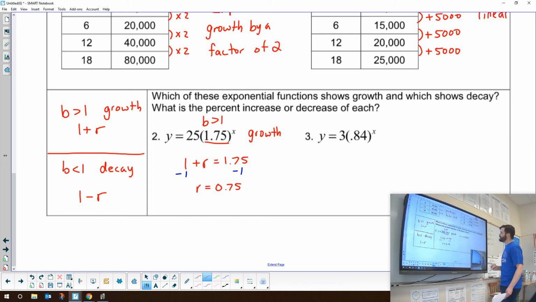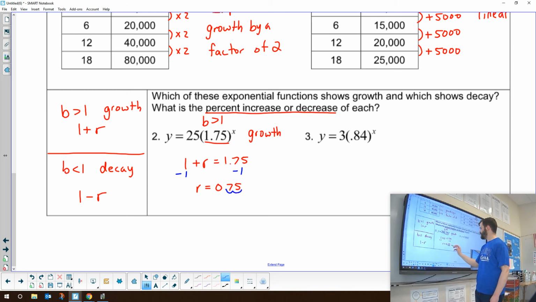Now, it wants us to write it as a percent increase or decrease. So if we're given a decimal there, all I have to do is just move my decimal place over twice and we get my percent. My rate is 75%. So we have a 75% increase for this one.